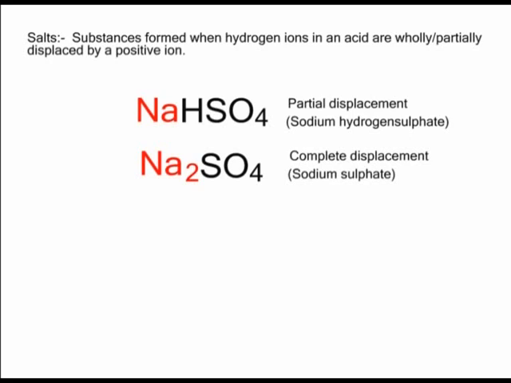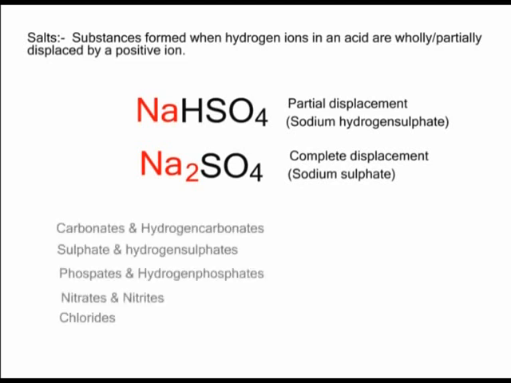So from the common acids, you will frequently encounter salts with suffixes: carbonates and hydrogen carbonates from carbonic acid, sulfates and hydrogen sulfates from sulfuric acid, chlorides from hydrochloric acid, and phosphates and hydrogen phosphates from phosphoric acid.